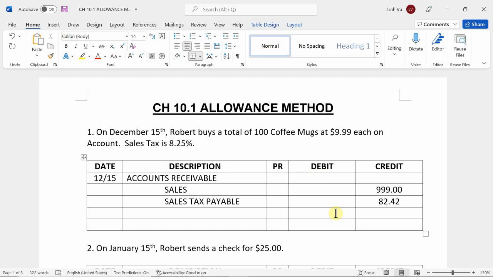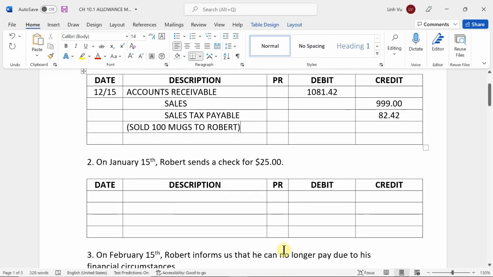The total is going to be $1,081.42. Okay. Then I'm going to make a note here that you sold on account.